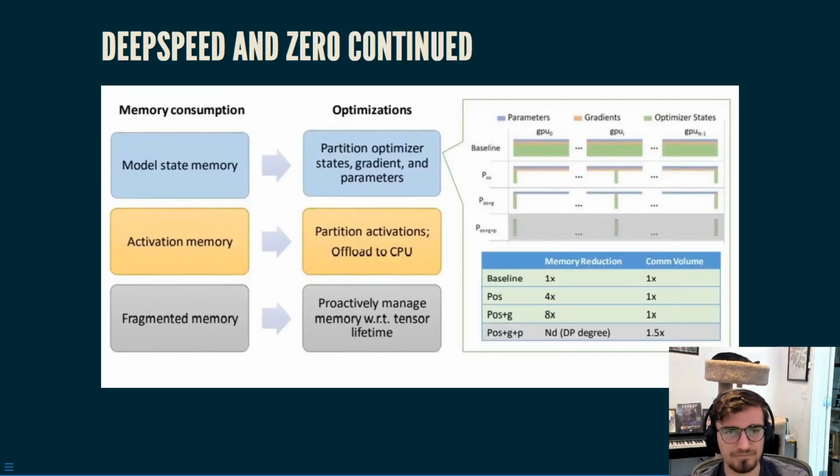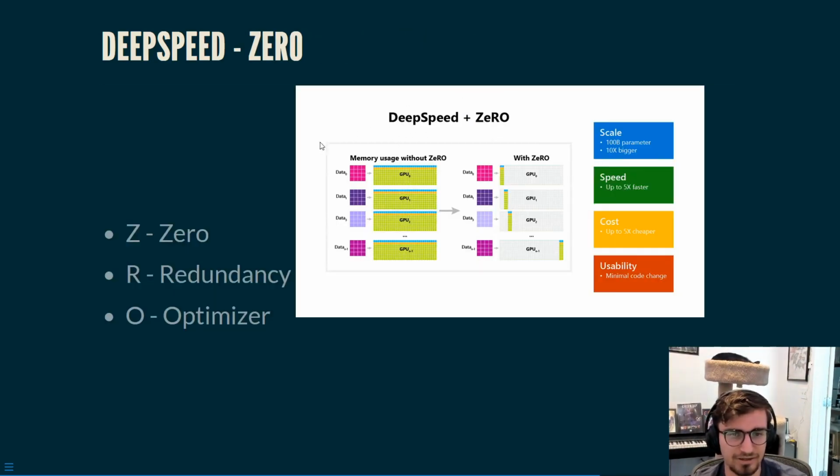And the general idea here is, remember how I said we have the model defined on all of our devices, right? So that is this here. And we have the data that has to go in also in all of our models. So we need four times, if we say had four GPUs, the model's memory in order to fit it in. What ZeRO does is, okay, I have all of these data parameters.